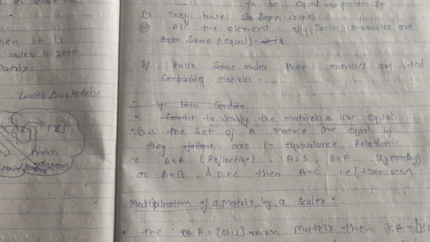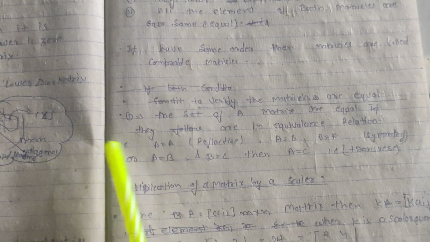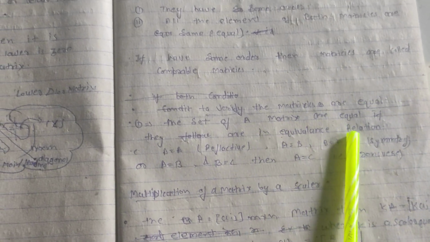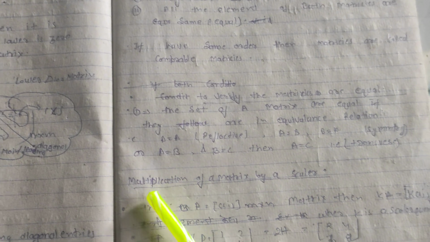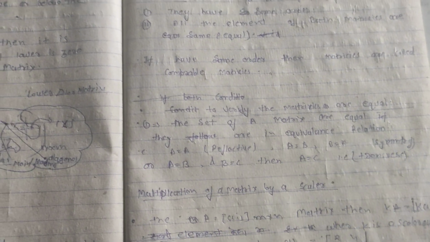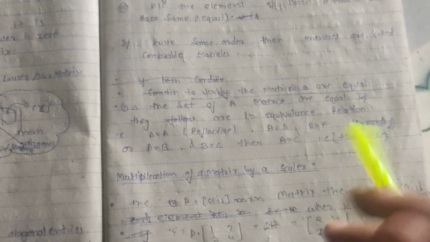So there are three conditions. First is reflexive, A is equal to A. Second, if A is equal to B, then B is equal to A, that is symmetry. And third, if A is equal to B and B is equal to C, then A is equal to C, that is transitivity. So if matrix equality follows these three rules, then it is said to be an equivalence relation.